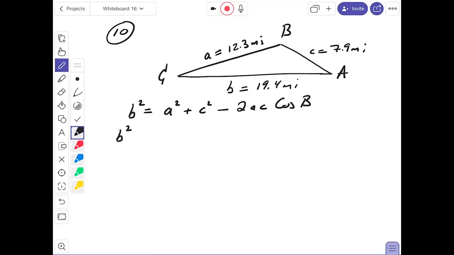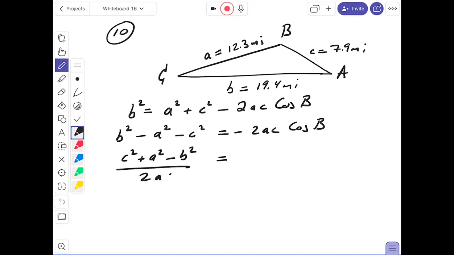B squared minus A squared minus C squared equals minus 2AC cosine of B. Now I'm going to keep going. So what do you get over here? Divide both sides by minus 2AC. What are you going to get? C squared plus A squared minus B squared over 2AC would be the cosine of B.